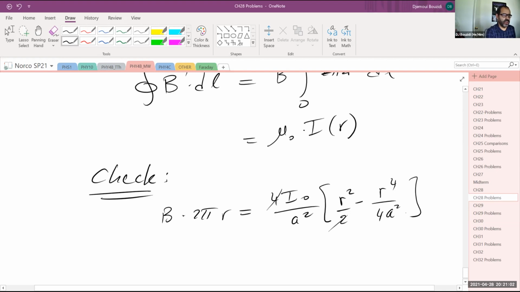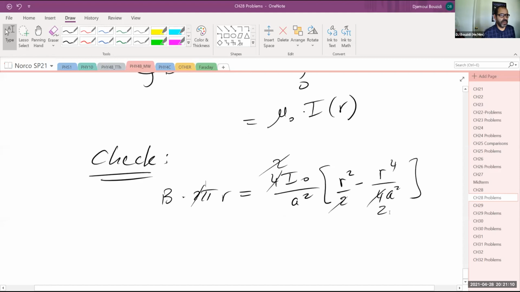First of all, this 2 and this 2 and this 2 will leave a 2 here and a 2 here, and this 2 and this 2 is gone. So that takes care of all of the numbers in the problem except this one. And then this R, this R squared and this R to the power 4 will be left with an R in here. And then I have a pi in the denominator.